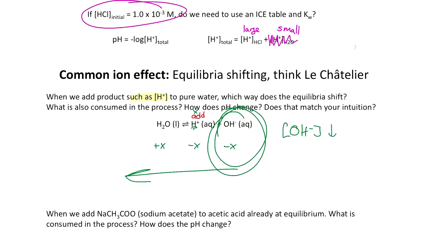If the concentration goes down, the molarity gets smaller. How does the value of the pOH change? It gets bigger. So how does the pH change? Goes down. And what does that mean about the solution? It gets more acidic. And does that match with what we guessed at the very beginning? Yes. So that's how the common ion effect works. It matches Le Chatelier, matches our observations. We see all of that.